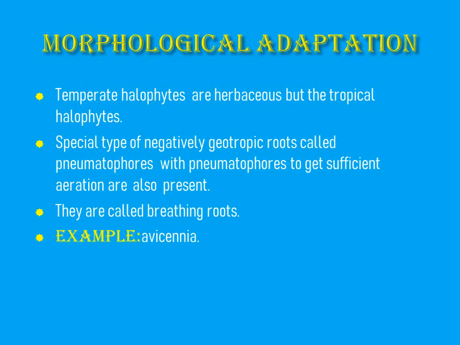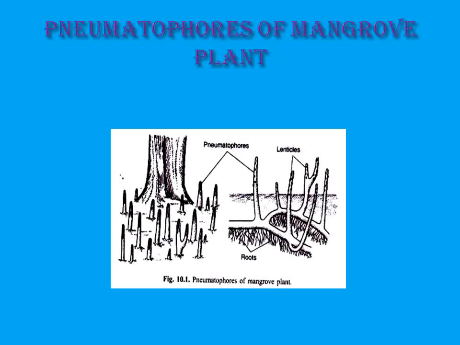Example: Avicennia. You can see the picture of Avicennia pneumatophores. Actually, in all plants, roots are positively geotropic, always towards the soil. Here, they go against the soil, protruding out of the surface of the soil, and they have minute pores. So that is called pneumatophores. Through that, it can respire.